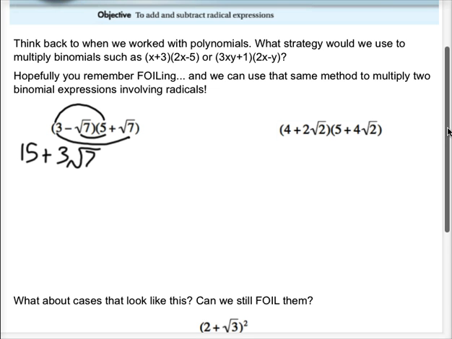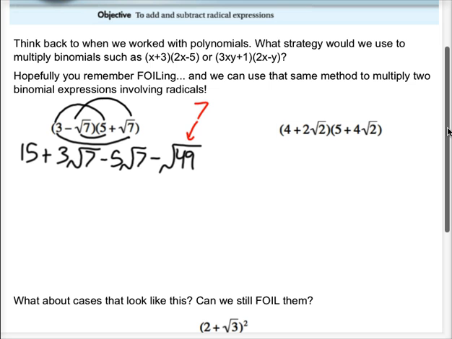Inside, negative square root of 7 times 5 would be negative 5 square roots of 7. Negative square root of 7 times square root of 7, well, this time I'm multiplying the insides, so I'll have minus, and then 7 times 7 is 49. However, we know that the square root of 49 is really just 7.